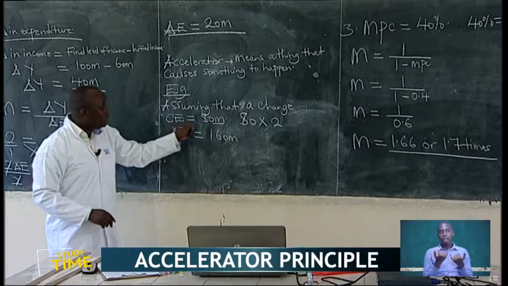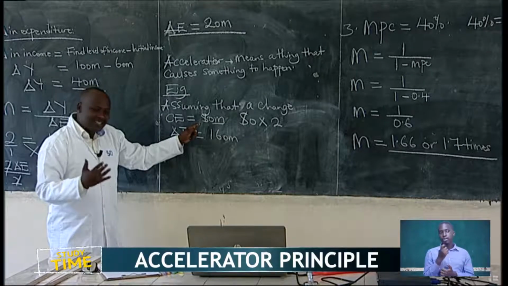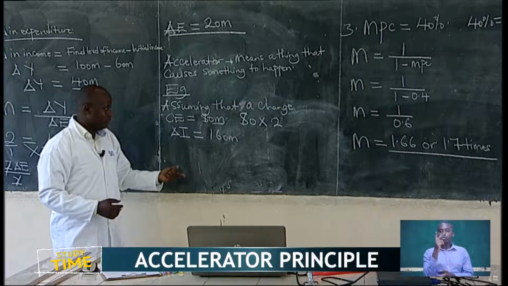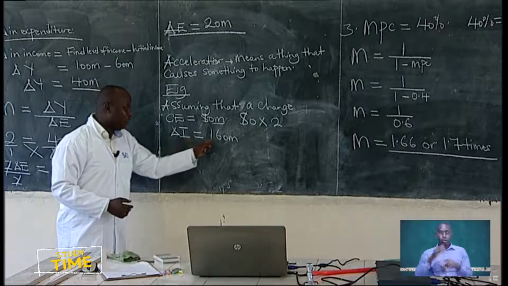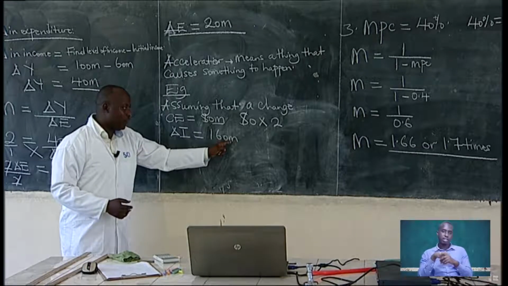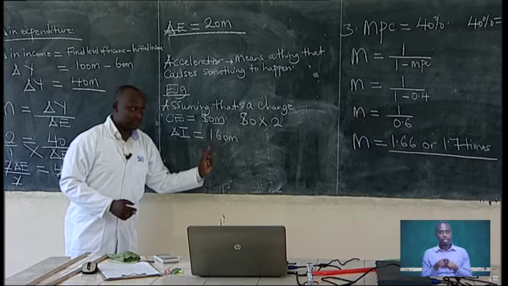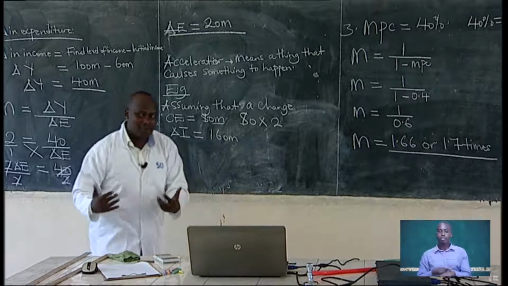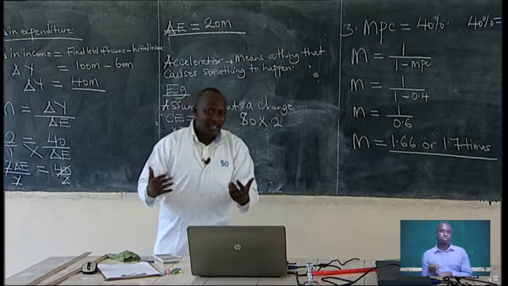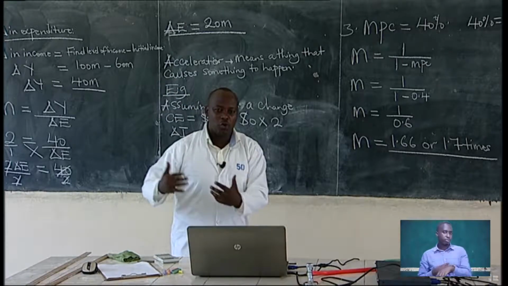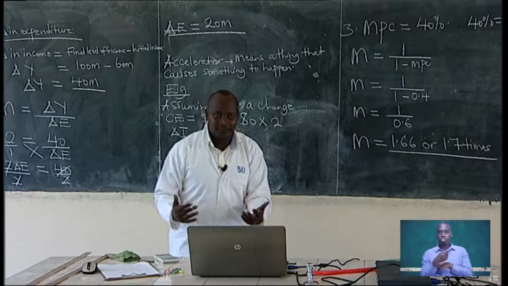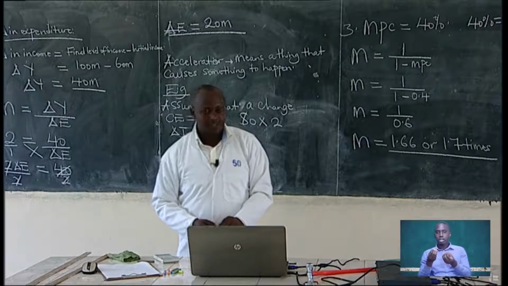So the accelerator is 2 times. That is what we call the accelerator principle. It is the number of times the initial change in consumption multiplies itself to give a final change in investment.